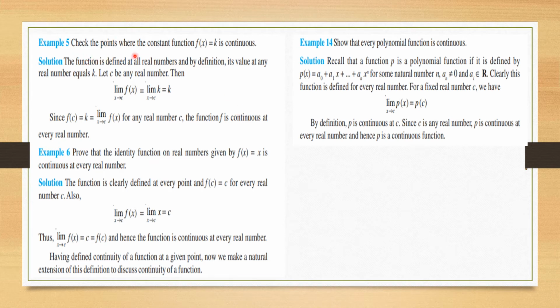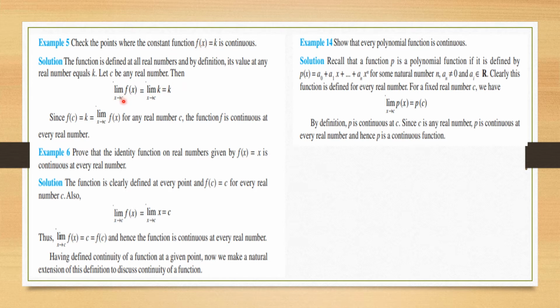Example 5: check the points where the constant function f(x) = k is continuous. Any constant, a general continuous function. It is defined for all real numbers; there is no problem. Say if f(x) = 1, you put any x and you get the fixed constant value. So let c be any real number at which we are checking the continuity of the function. What is f(c)? It is again k.